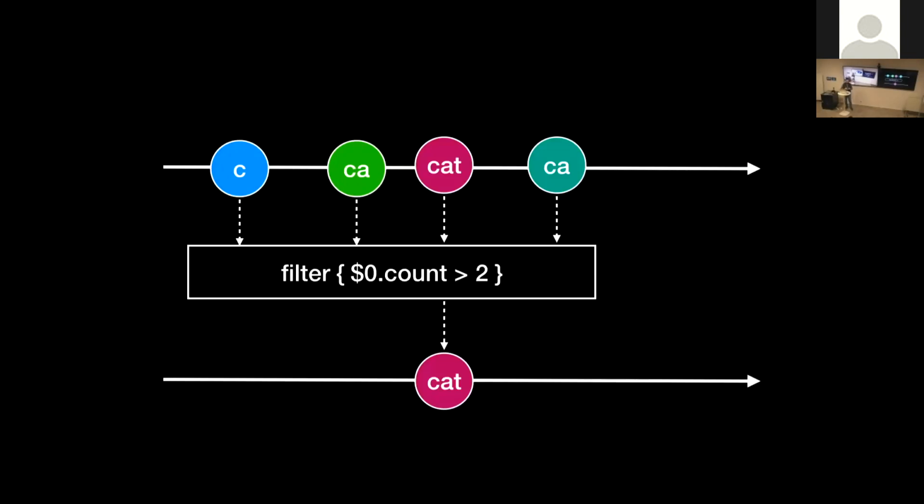One way to better visualize operators and their effects is something called a marble diagram. Essentially, it's plotted values over time. The filter here represents the operator that we apply to the observable, but more specifically, to each value that comes out of the observable. So you can see here that we are filtering out the C, the CA, but the cat actually goes through.